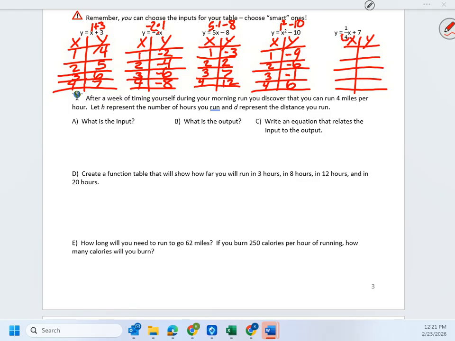I'm going to look at that denominator, say, oh, we have fractions with the 4. I'm going to choose multiples of 4, so I'm going to have whole numbers to work with. So if I do 4, 8, 12, and 16.